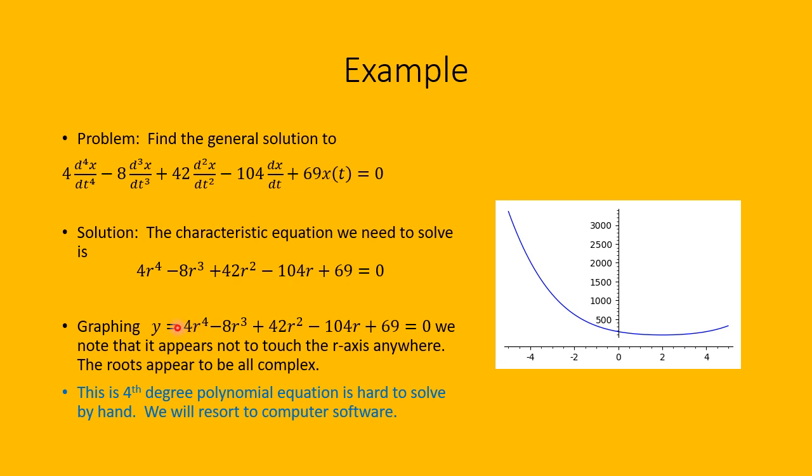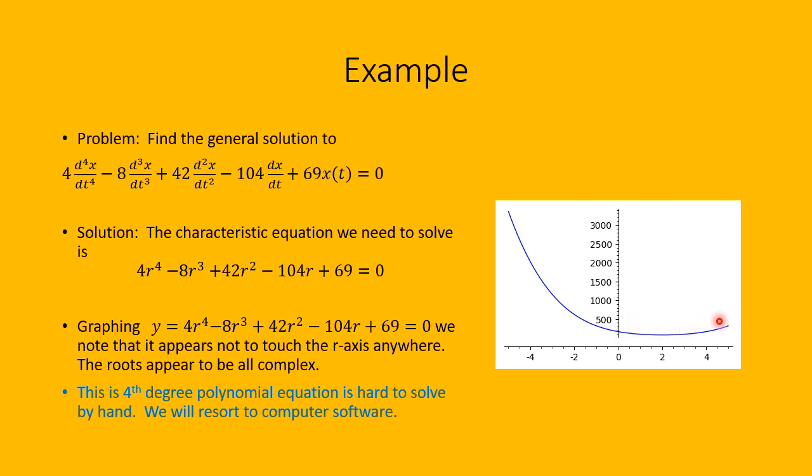So the first thing we'll do is graph y equals 4r to the 4th minus 8r cubed plus 42r squared minus 104r plus 69. And here is the graph. The horizontal axis is the r-axis, and the vertical axis is y. Okay, notice that this graph does not seem to touch the r-axis, this horizontal axis, anywhere.